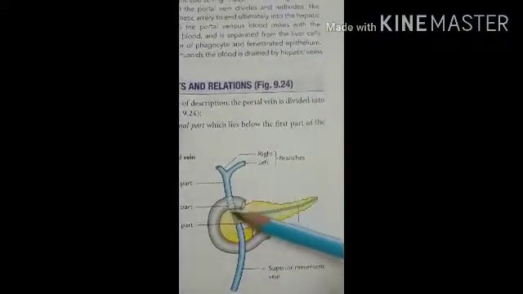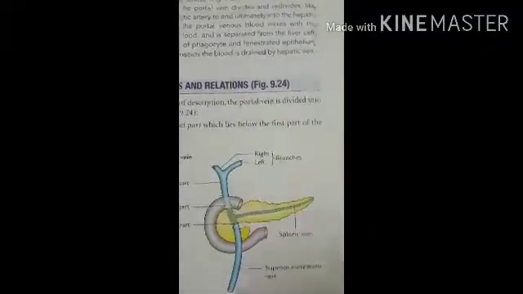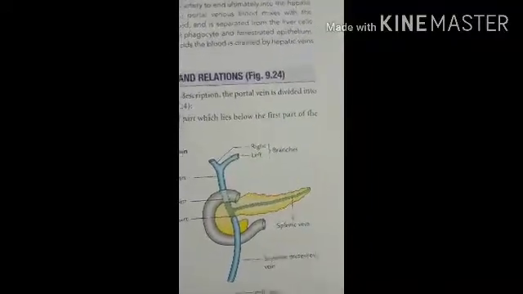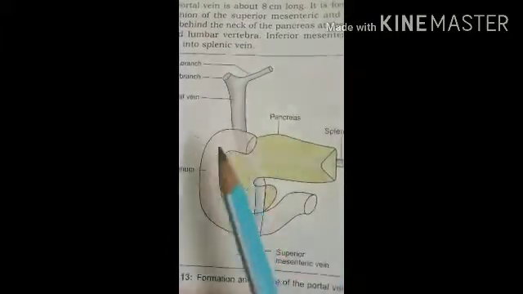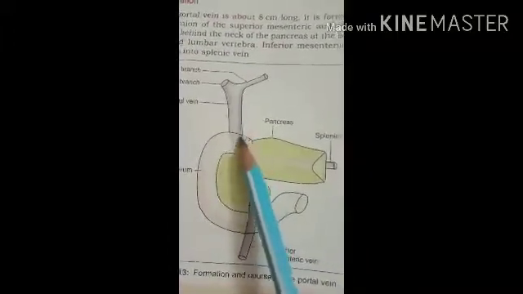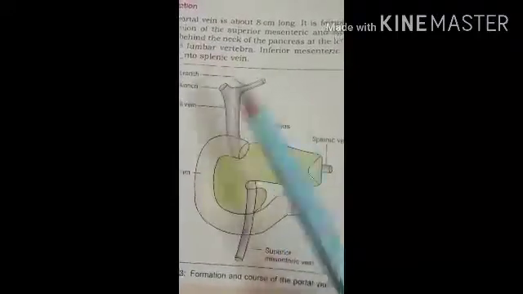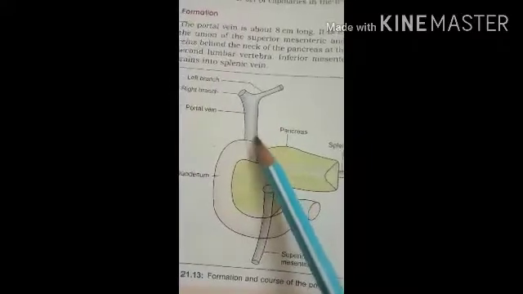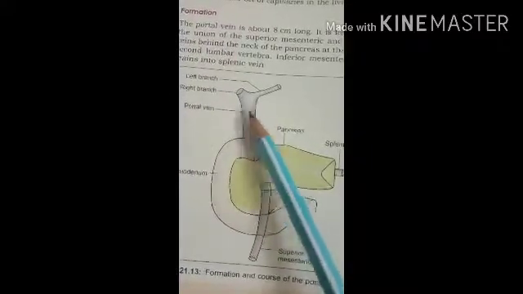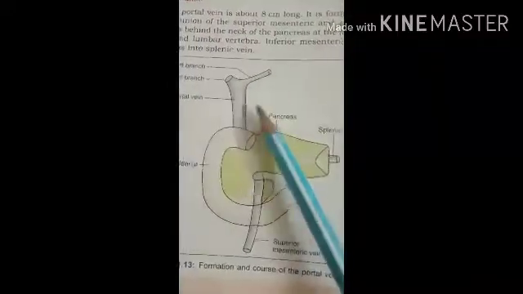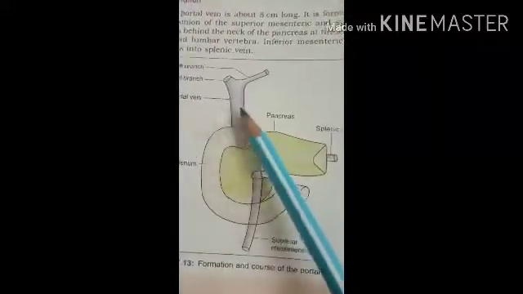In the other diagram, the second part is the retroduodenal part, which lies posterior to the first part of the duodenum. The third part is called the supraduodenal part, which lies above the first part of the duodenum. Then we have to see the tributaries of the portal vein.